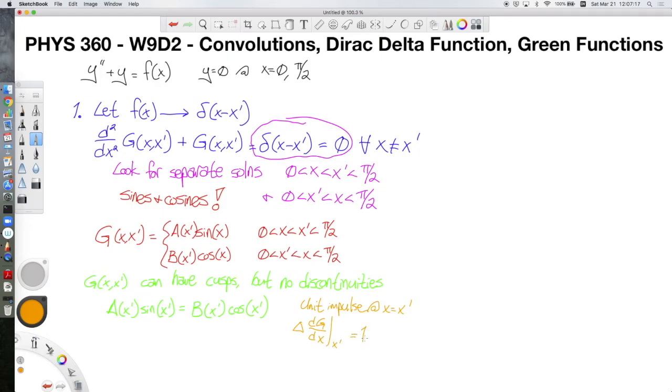Since a unit impulse is delivered, the derivative of our function will increase by 1. So similar to how when we had a unit impulse of force, the momentum increased by 1. So, well, let's figure out what d by dx of our Green's function is.